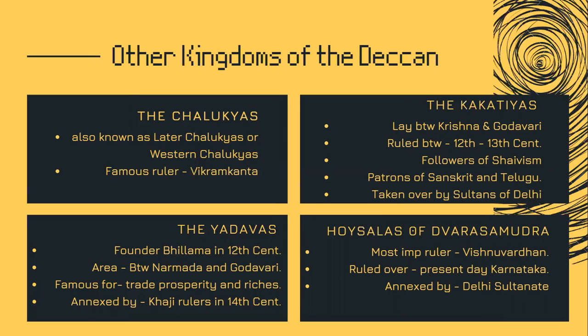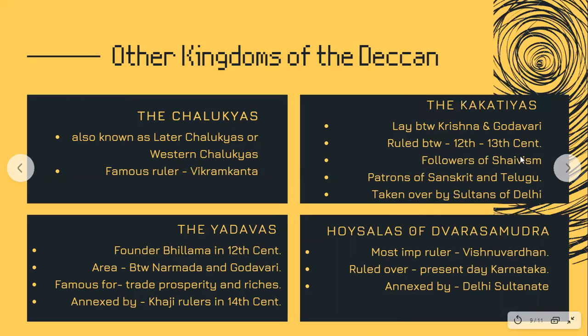So that's Shaivism. Now they were patrons. They were propagating Sanskrit as well as Telugu, right? Now they were taken over by the sultans of Delhi. So that's the Kakatiyas for you.